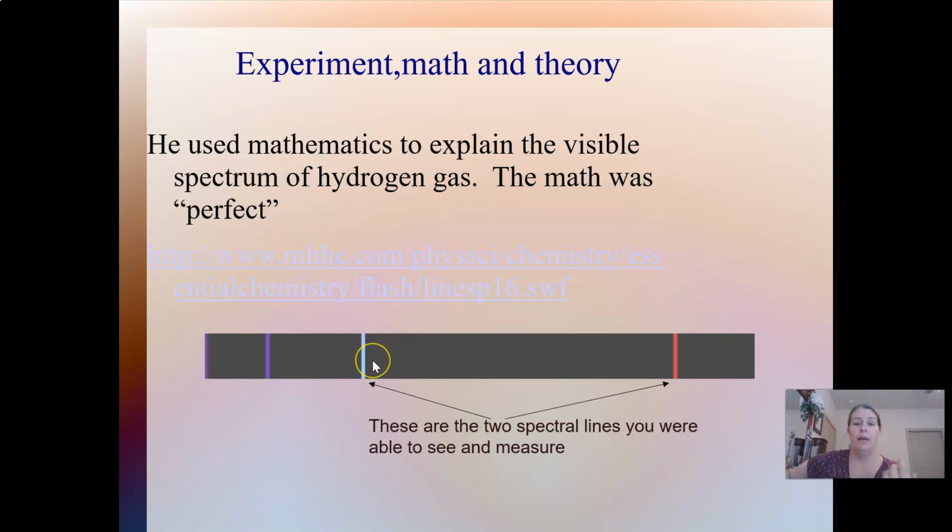The emission spectra of hydrogen gas. And we can almost always see the red and the blue light. Those are in the visible spectra. And then oftentimes, if it's dark enough, you can see the purple, but you generally will not see this because this is down in the UV range where our eyes are not able to pick it up.